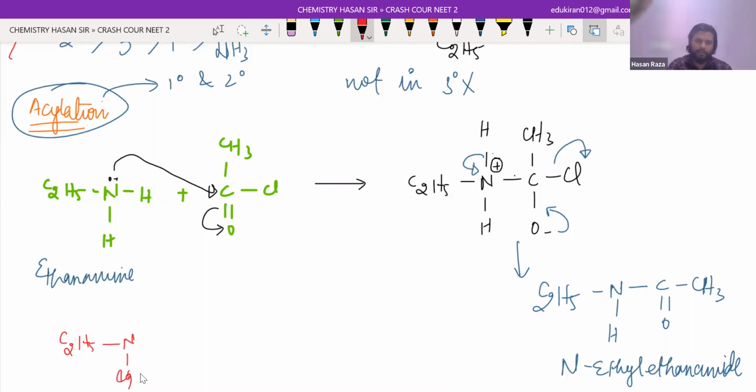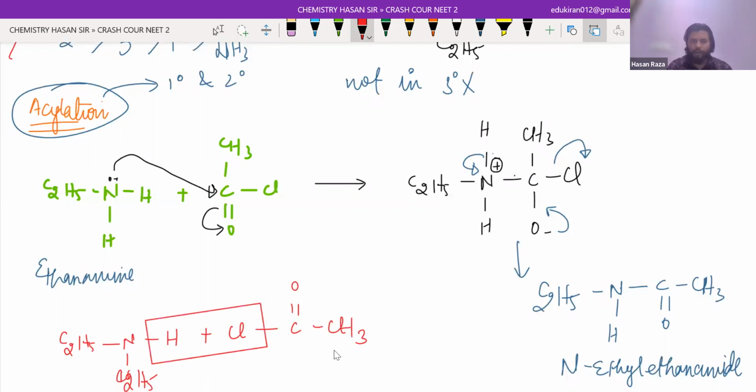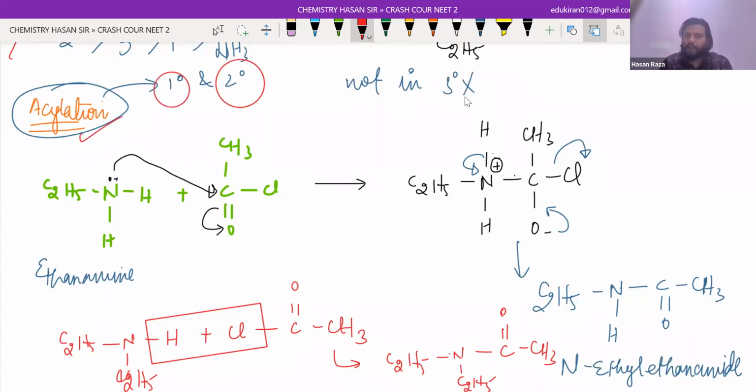This is your C2H5, hydrogen like this and chlorine like this and C double bond OCH3. What you need to do, just remove this HCl and make a bond between this. So C2H5 and then nitrogen, then C2H5, and this will be directly connected with C double bond OCH3. So this is your N,N-diethylethanamide. This acylation is possible in 1 degree and 2 degree, not in 3 degree. Always remember this.